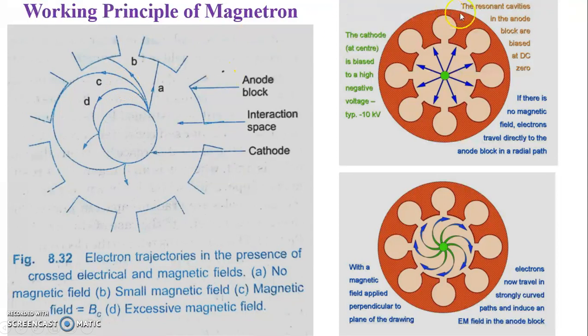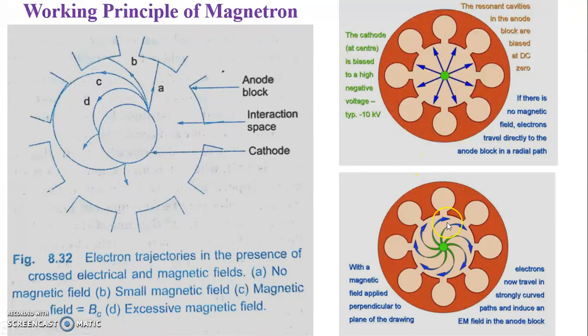In this figure, you can observe that if the cathode is biased to a high negative voltage, typically at -10 kV, and the resonant cavity blocks in the anode are biased at DC 0 voltage, and there is no magnetic field, then electrons travel directly to the anode block in a radial path.